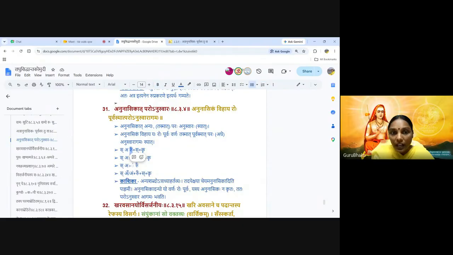Akara. After this akara, before refa, whatever is there, after that anuswara agama comes. Anuswara comes as agama. Agama will come and sit with that letter. It will not replace it. So before refa, akara is there. After that, there is anuswara.